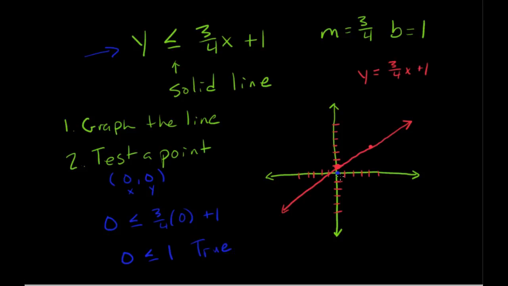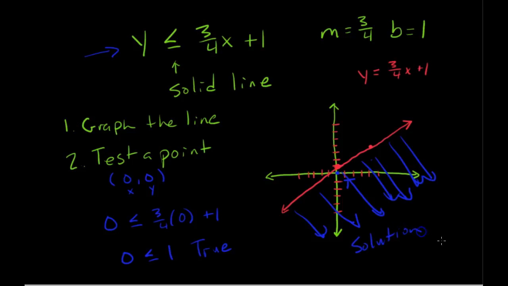That means this point, 0, 0, the origin, is a solution, and every single point on this side of the line is a solution to this inequality. This is the solution region.